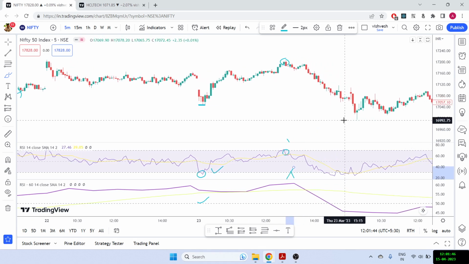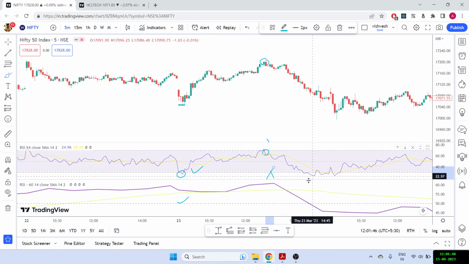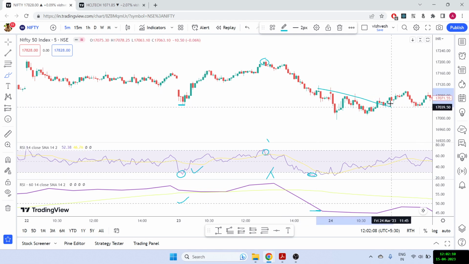Let's see. Okay, now you'll notice one more thing, that now the RSI on the 60-minute has come below 50. So I can only take bearish trades. But as soon as it becomes less than 50, this is also giving me a bullish trade now. So I will not buy it, since I am in a bearish direction, and you can see the market actually kept going down.